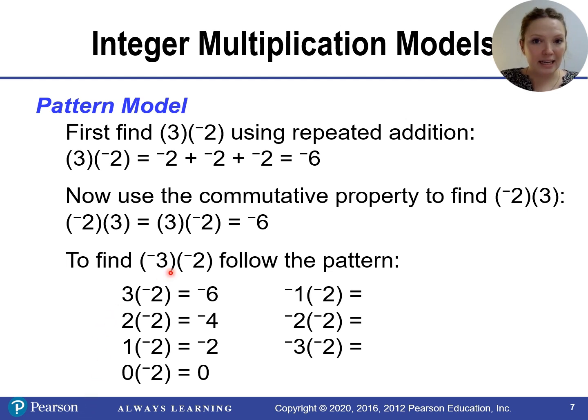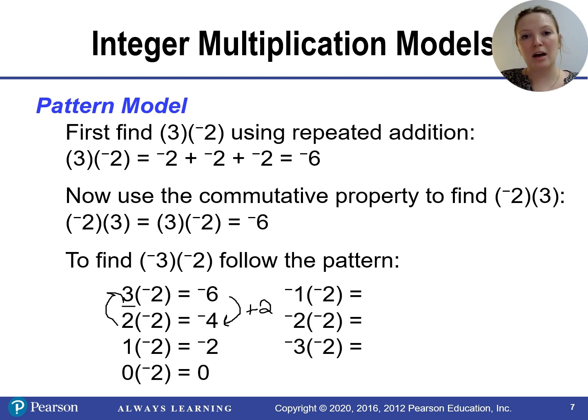To find -3 times -2, I can follow the pattern. I can see that 3 groups of -2 is -6, 2 groups of -2 is -4, 1 group of -2 is -2, 0 groups of -2 is 0. And so I can see that each time my answer is increasing by 2, because if I were to go the other direction, I'm having one more negative 2.